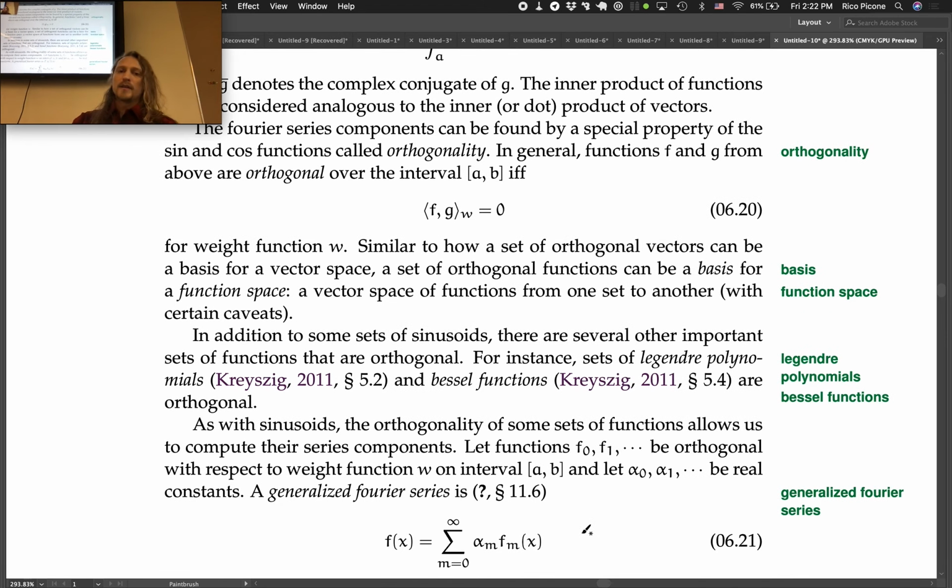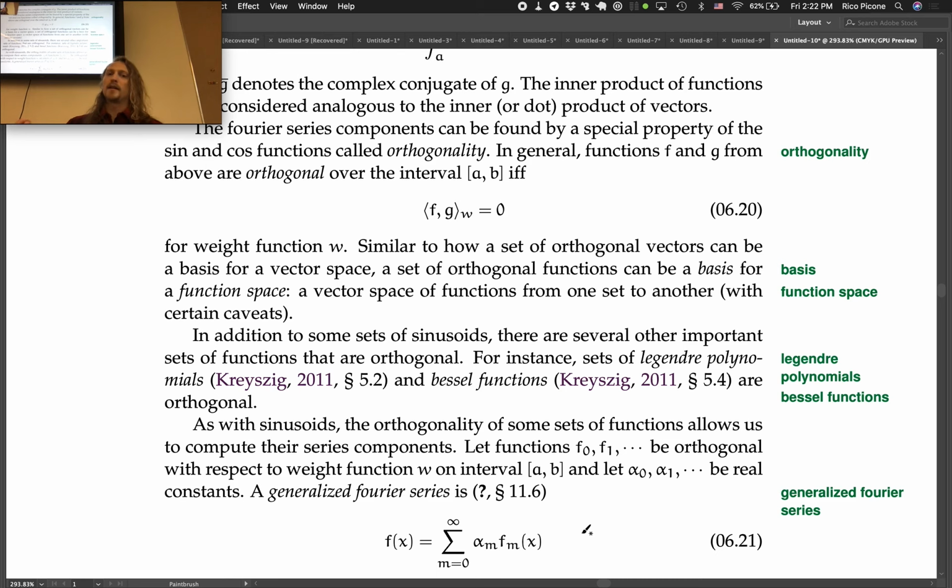As with sinusoids, the orthogonality of some sets of functions allows us to compute their series components. That orthogonality really shines as a property when you say, okay, how would I write this function that I know, like a square wave or any arbitrary function, as a sum of other functions with different components associated with them, different coefficients.